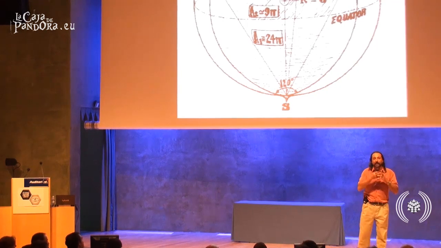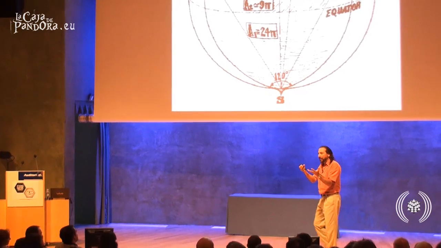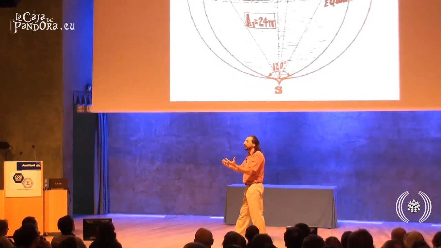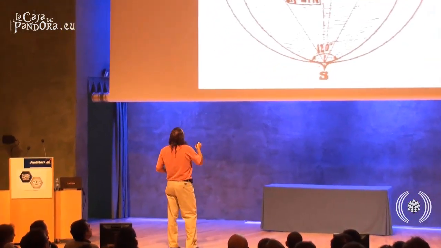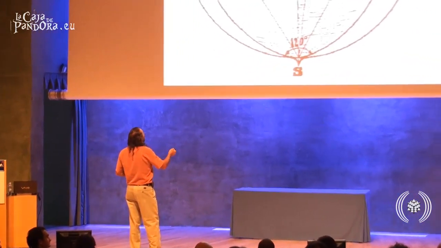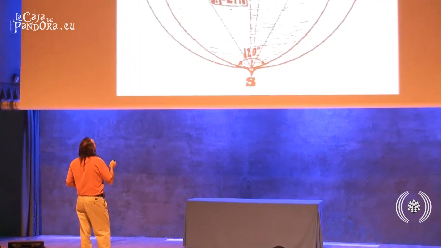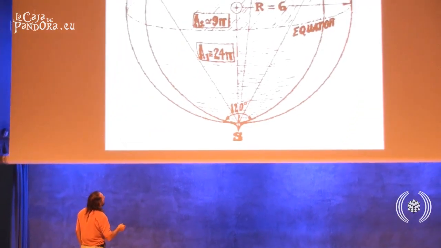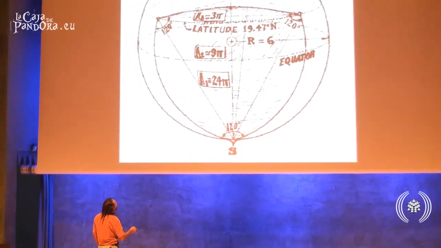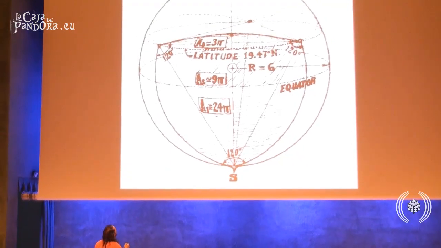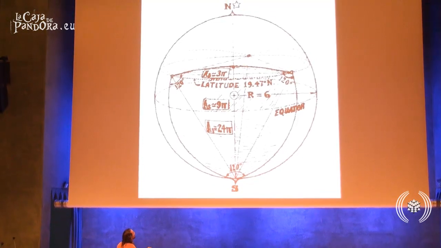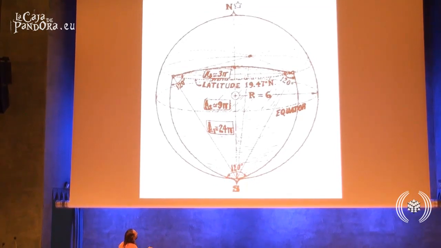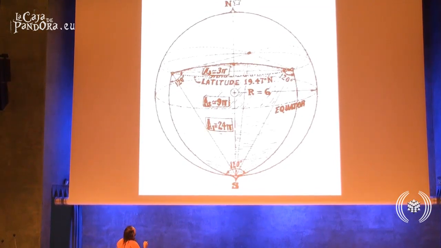And then when he continued to look at the math, he realized that they seemed to always come back to the mathematics that describe a tetrahedron in a sphere. And the tetrahedron, if you put one point on the South Pole, for instance, will intersect the sphere on the northern hemisphere at 19.47 latitude.